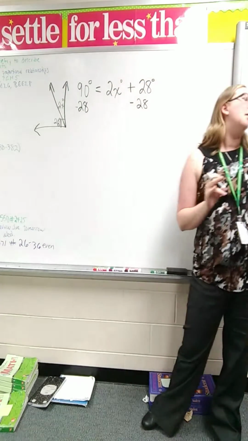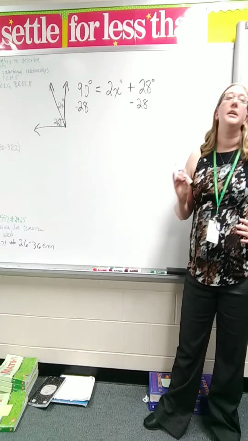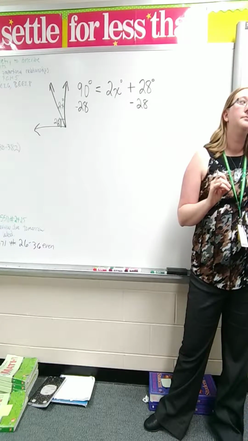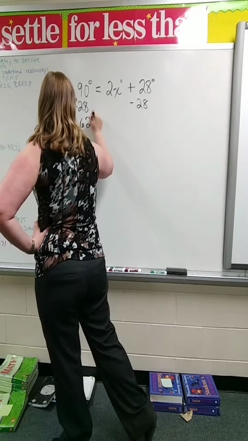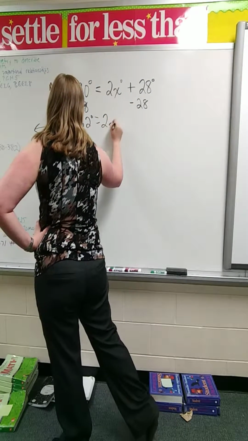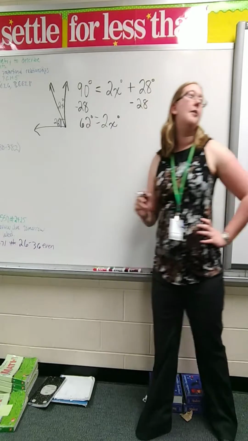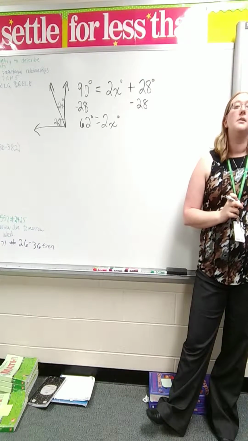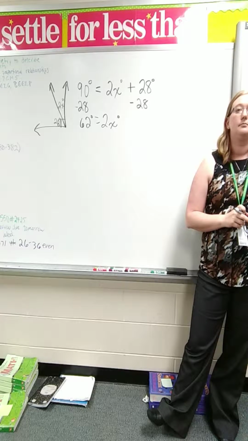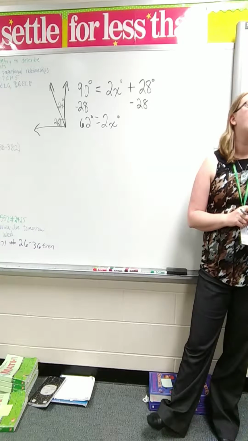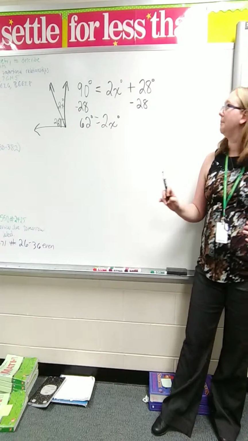Okay? What is 90 minus 28? It is 62. 62, very good. Okay?